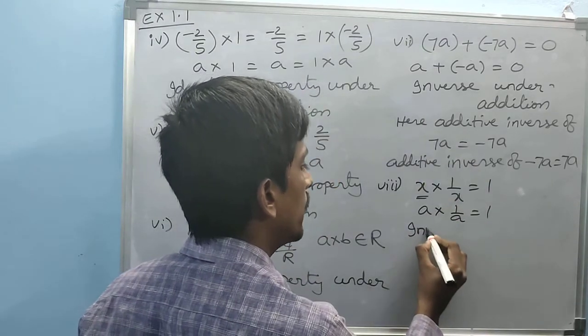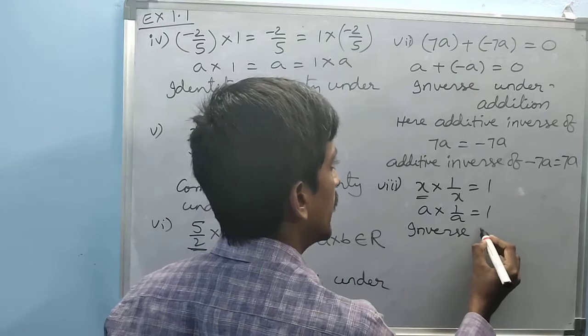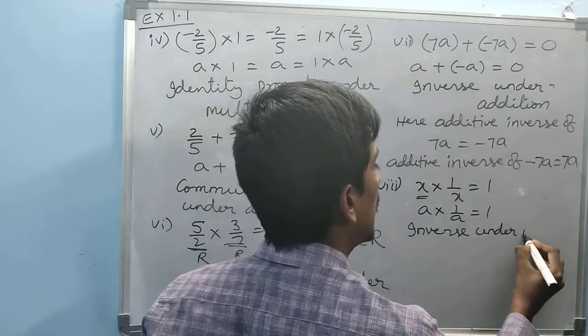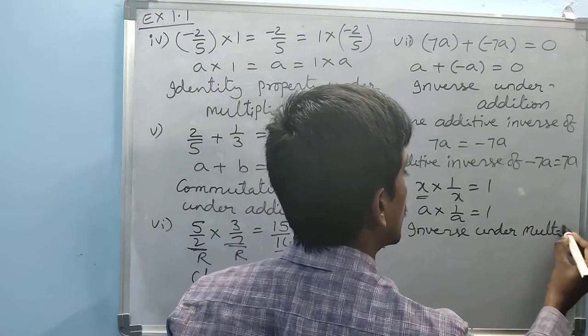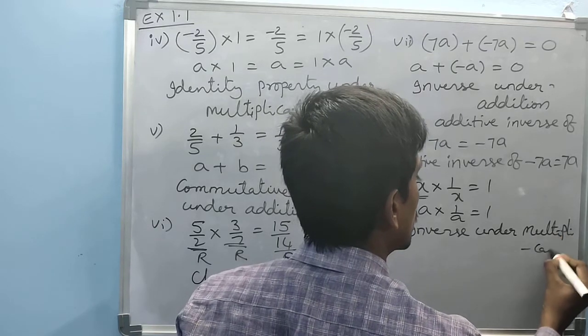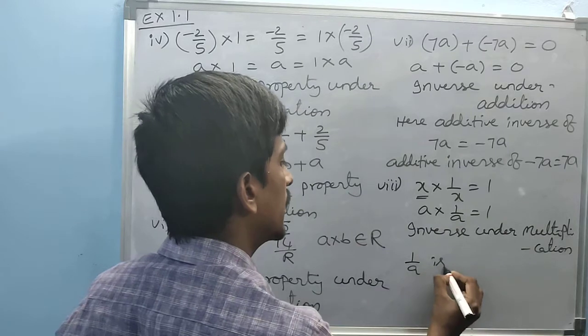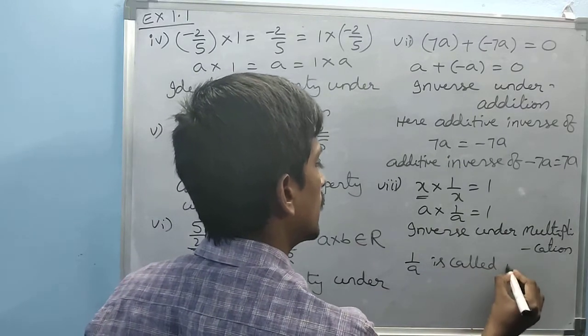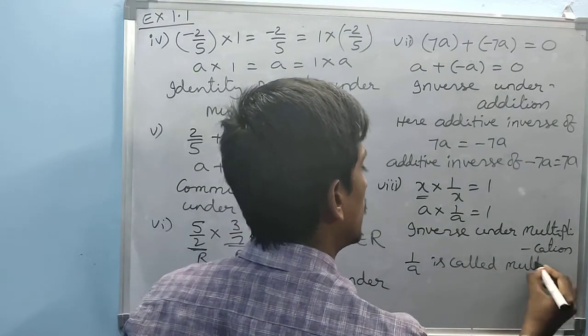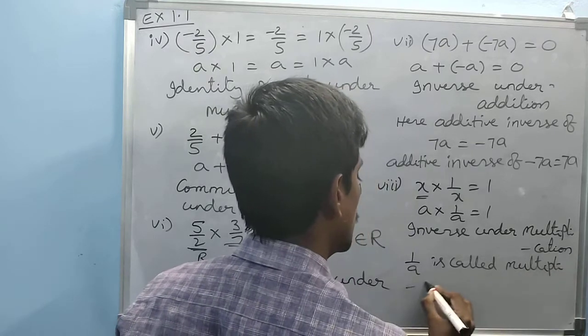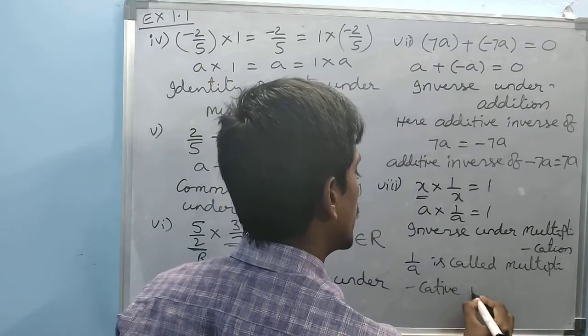So this is the inverse property, inverse under multiplication. Here 1 by a is called the multiplicative inverse.